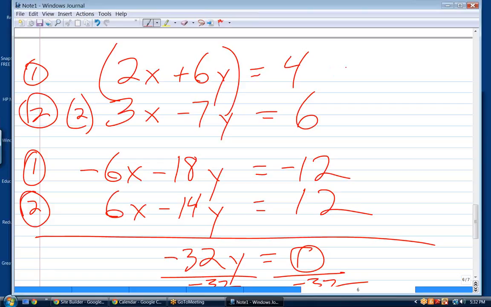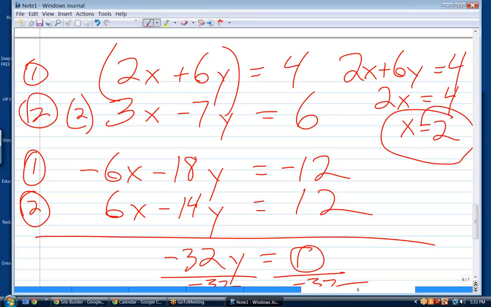So the equation is 2x plus 6y equals 4. Substitute 0 for y, and read, what's the next line read? 2x plus 0y equals 4. So 2x equals 4. Remember, 0 times anything is always 0. So if you have 0y or 0 times anything else, you got 0. So x equals 2. So our solution is x equals 2, y equals 0.